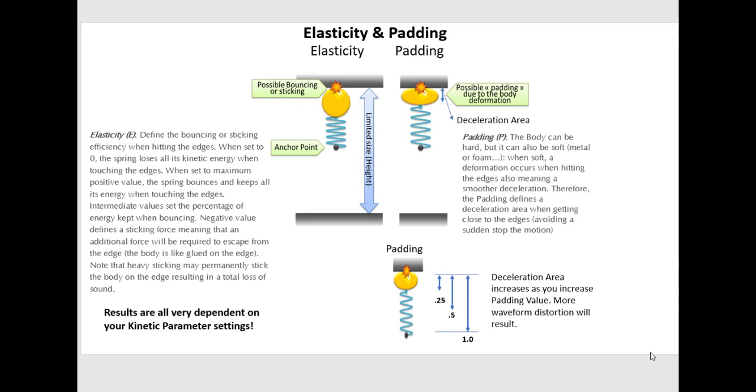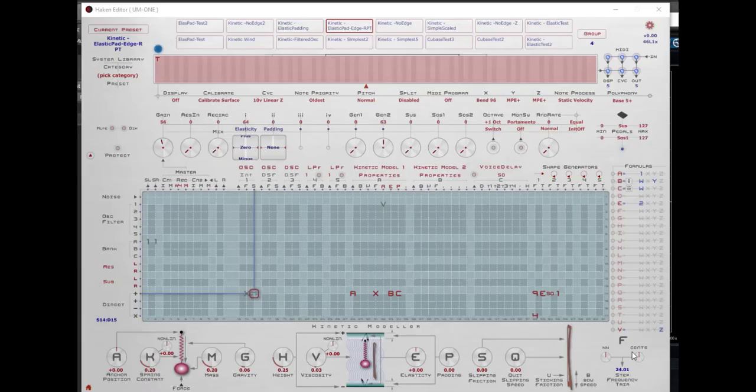Now, the deceleration area can be changed based on the setting of the padding. So if padding is set very low, the mass will only decelerate for a very short distance and you won't get as much of a padding effect. That would be more trying to simulate a harder mass. And if you set the padding to its maximum amount, that'll set the deceleration area very close to where your anchor is, and that will simulate a very soft body.